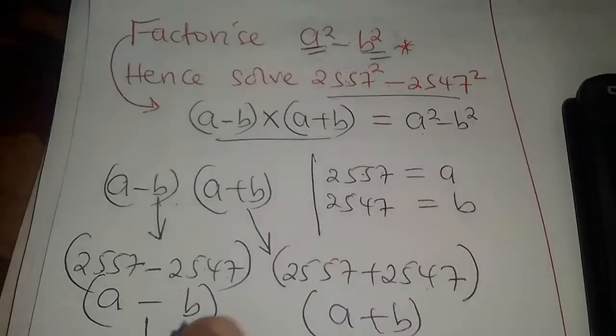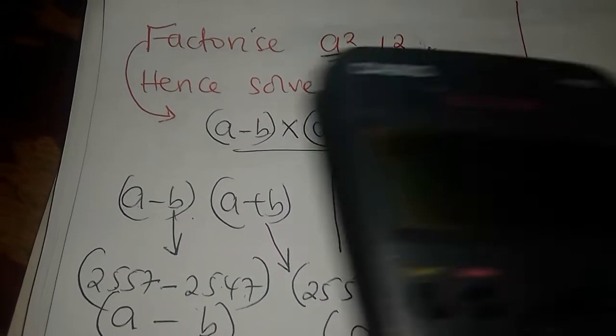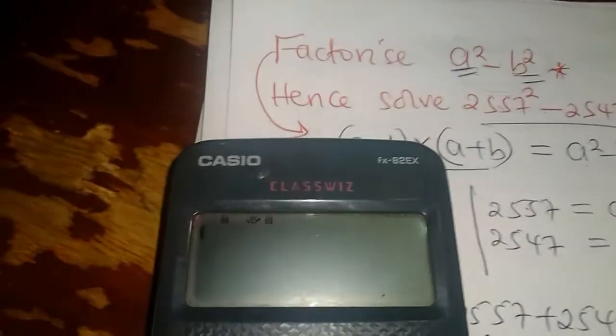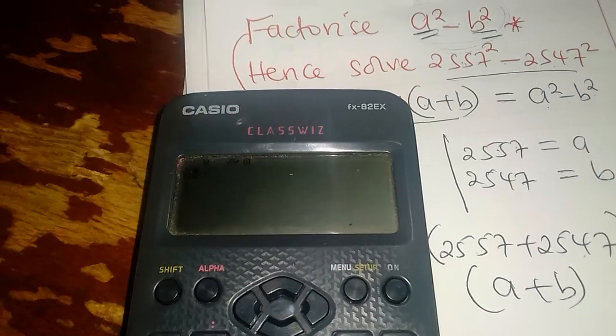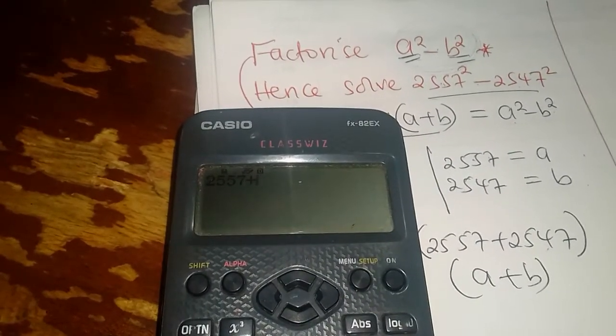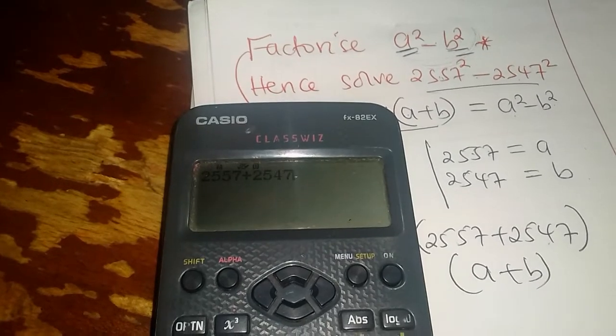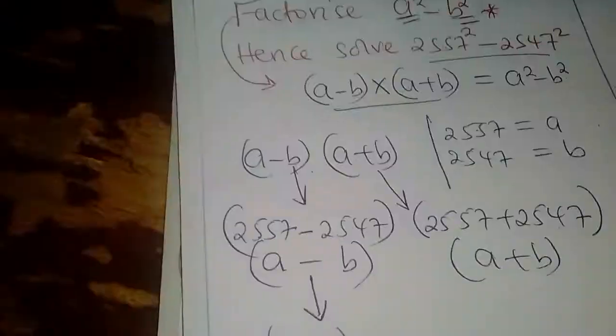So what I have here is 10. Then I'll close the brackets and come back to this other part of that same question, and I'll give this as my values. So I'll say 2557 plus 2547. So I'm going to get 5104.